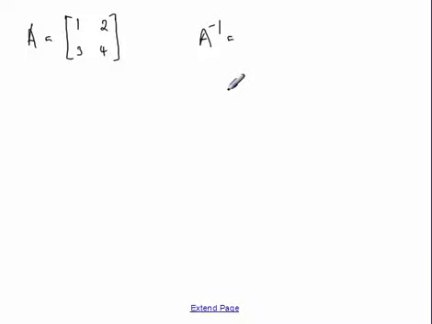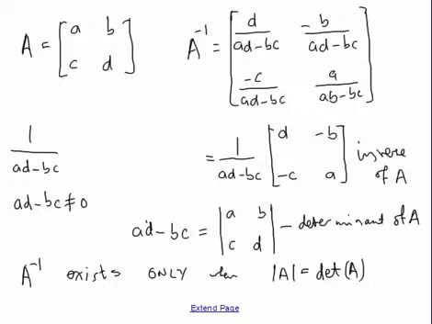Look at this and check what has happened here. Something very mechanical. The only thing I need to calculate is the determinant. The rest is mechanical. I swapped around D and A. Then I multiplied the other diagonal by minus. That's all you need.